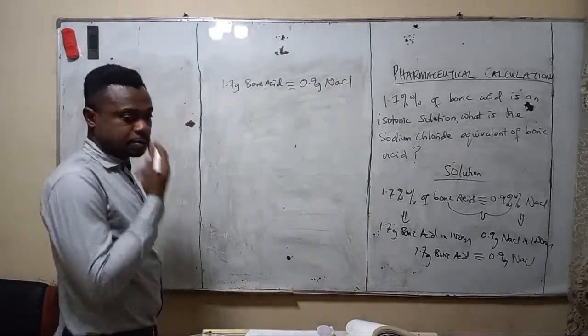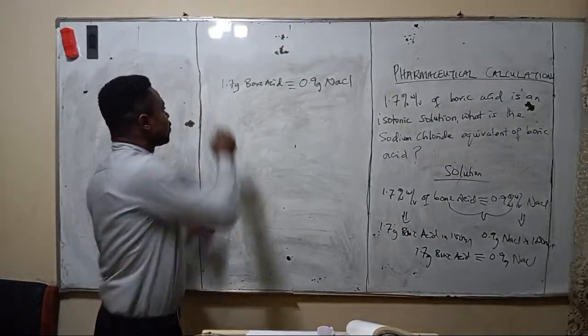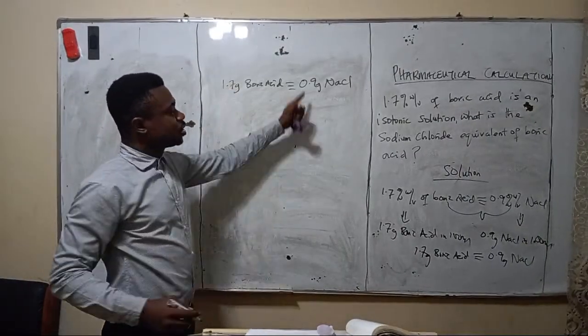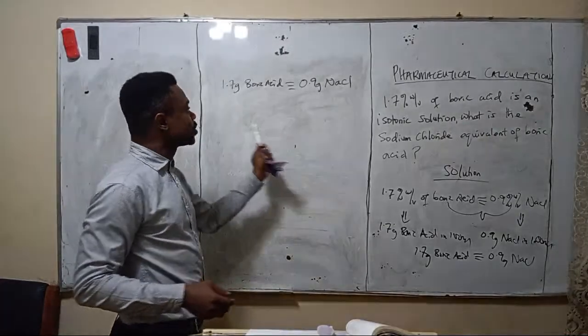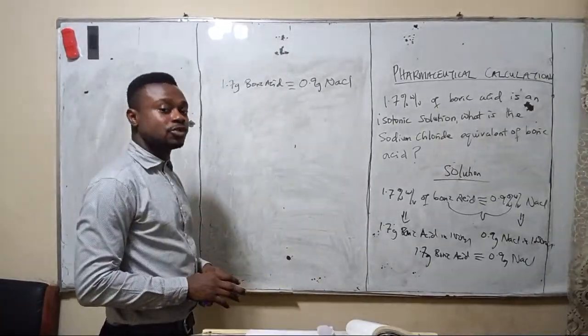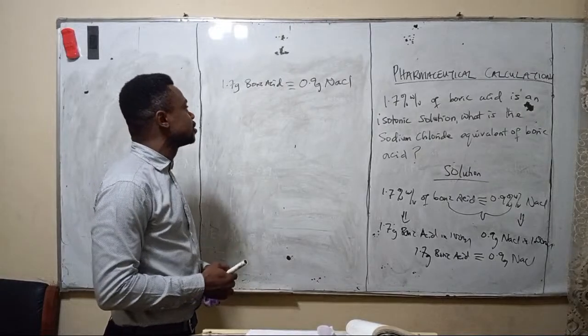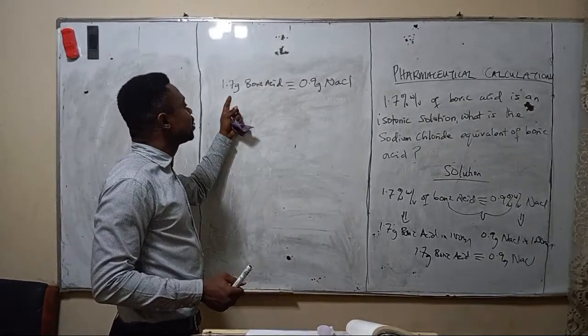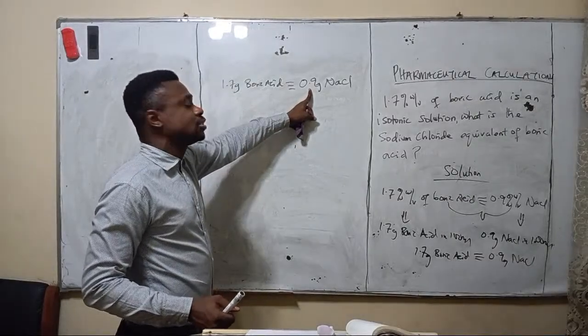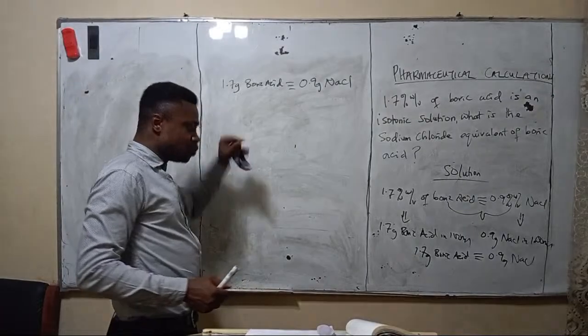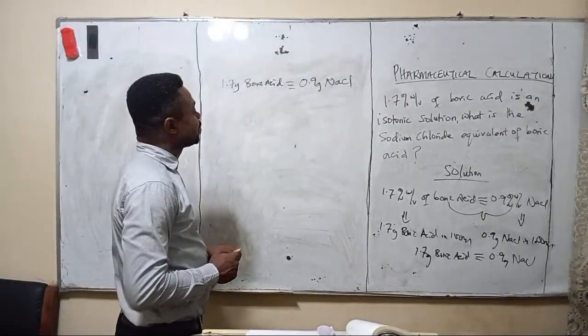That's the meaning. Because in the same 100 ml solution, the two of them have the same tonic effect. They are isotonic. So if 1.7 gram of boric acid is equivalent to 0.9 gram of sodium chloride, let's move a step deeper to answer this question.